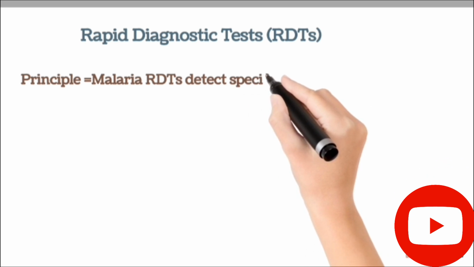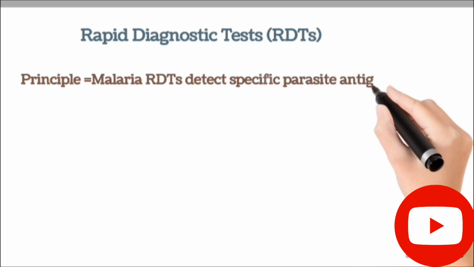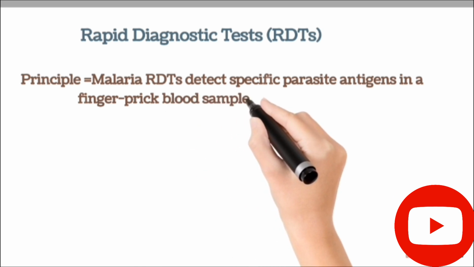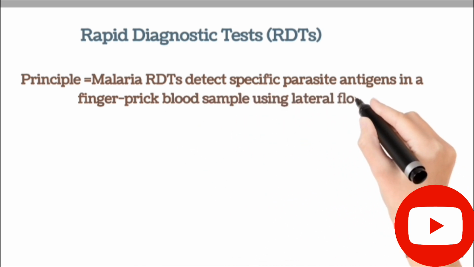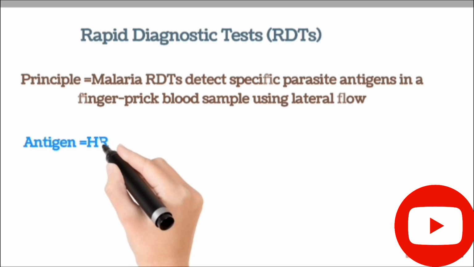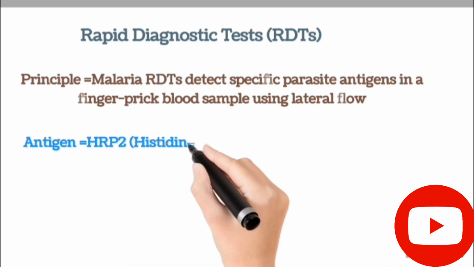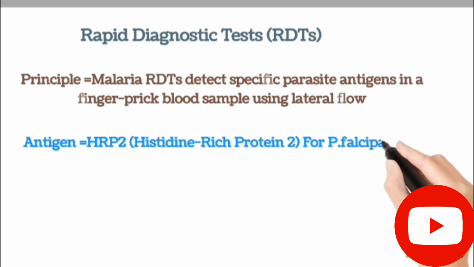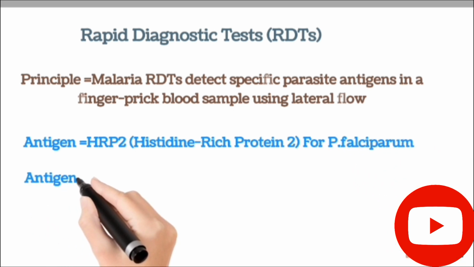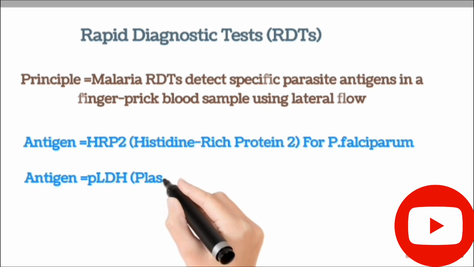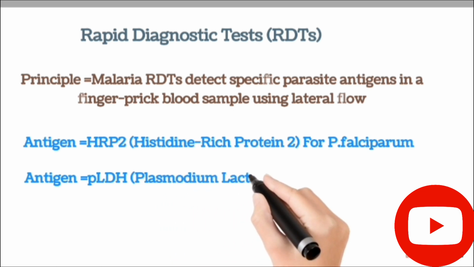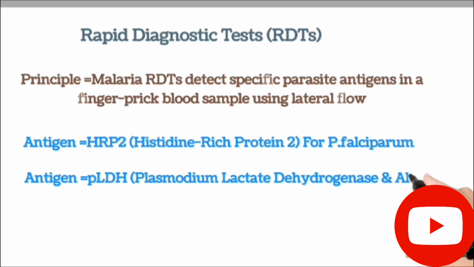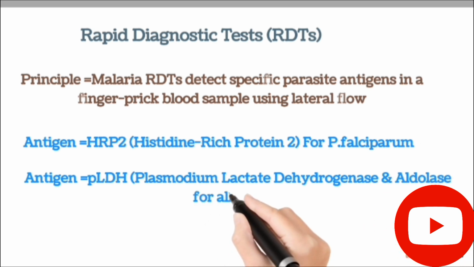RDTs are the most common and widely used in various labs. The principle is that it detects specific parasite antigen in a finger prick blood sample using lateral flow immunochromatography. The kit has pre-bound antibody and detects antigens like HRP2, histidine rich protein 2 for P. falciparum, pLDH, the plasmodium lactate dehydrogenase, and aldolase antigen.